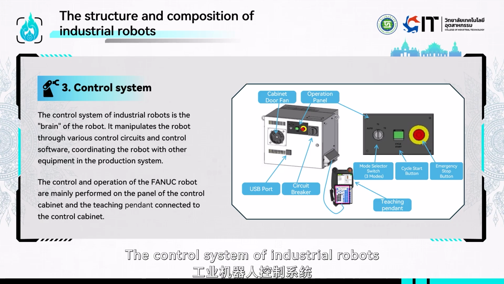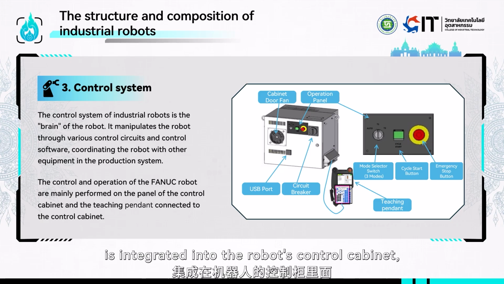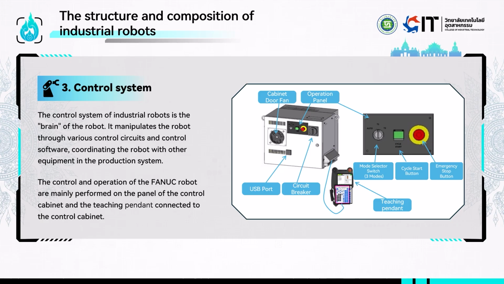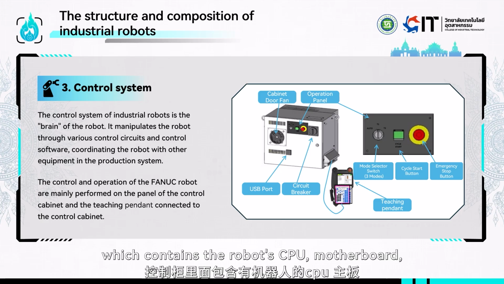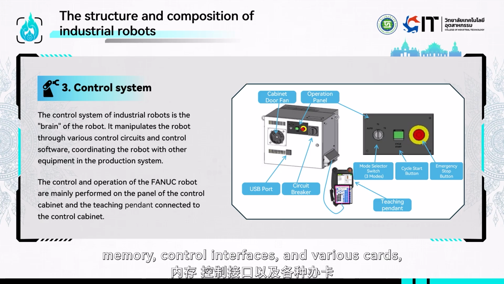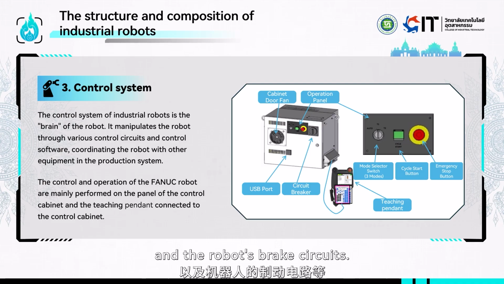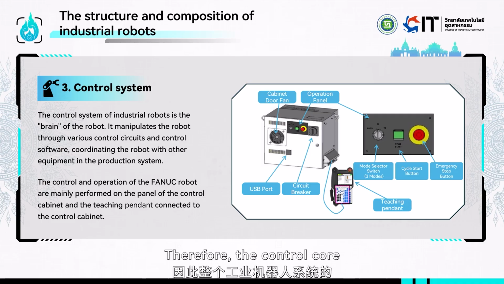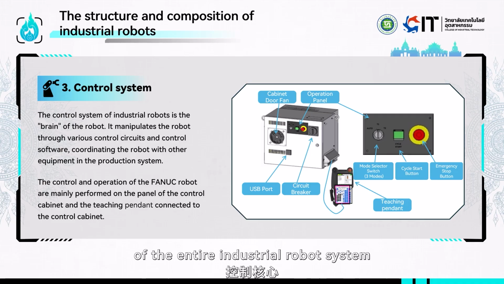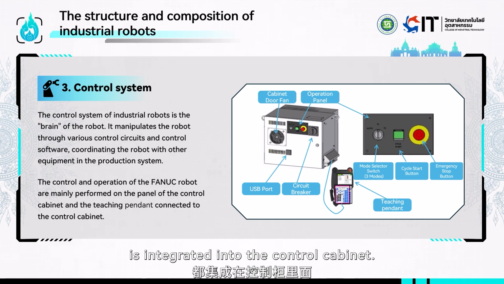The control system of industrial robots is integrated into the robot's control cabinet, which contains the robot's CPU, motherboard, memory, control interfaces, and various cards, as well as the drive circuits of the servo system and the robot's brake circuits. Therefore, the control core of the entire industrial robot system is integrated into the control cabinet.